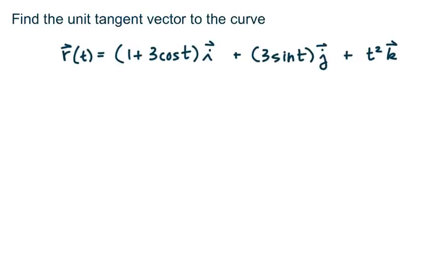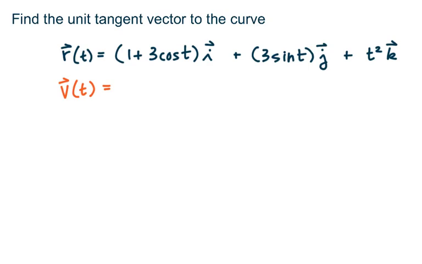So let's just do one quick example where we make sure we know how to find the unit tangent vector. In order to find the tangent vector, remember that the slope of the tangent line is coming from the derivative. So the derivative of position is velocity. Here, I'm going to find the velocity of r.